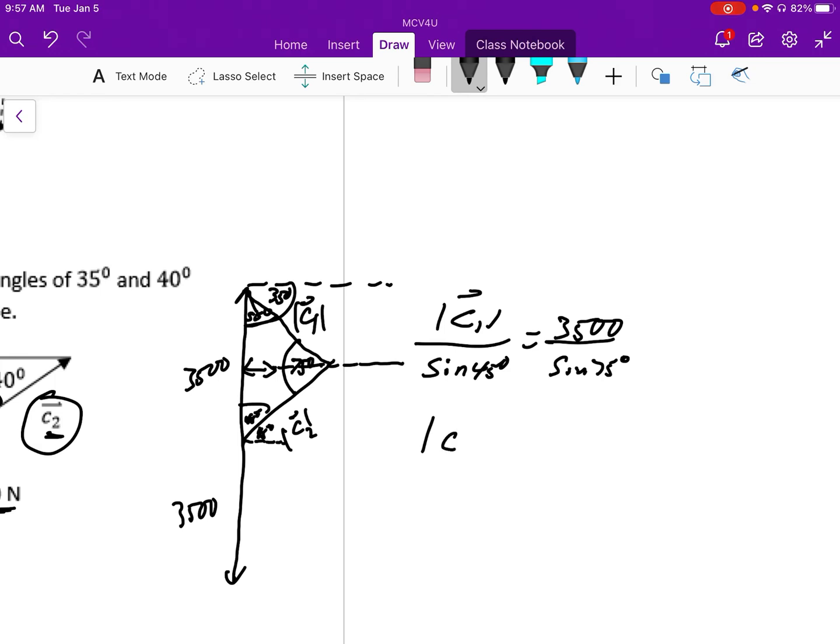So the magnitude of C1 is equal to the 3500 sine of 45 over the sine of 75.